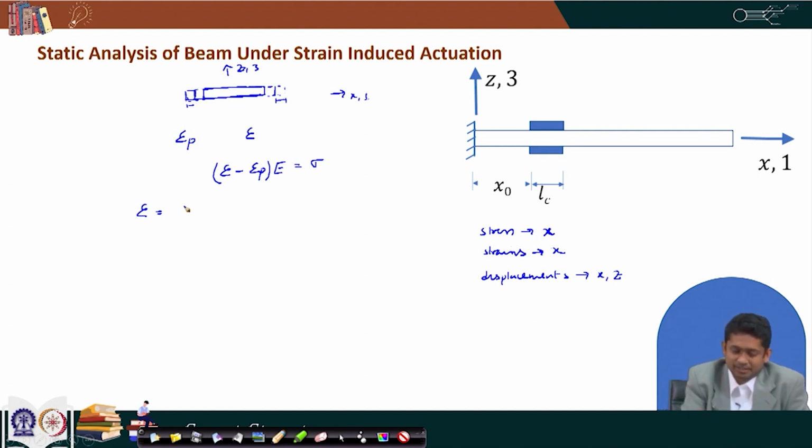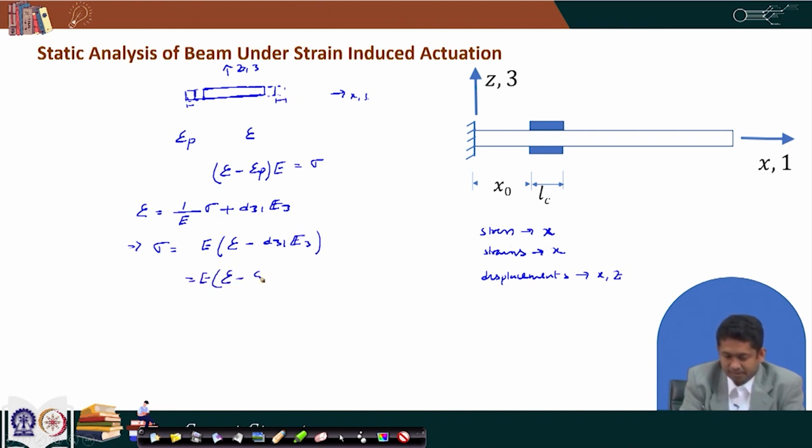So, if we write the constitutive relation in a simplified way, for one dimension it would look like this, which we have been doing, and on solving for sigma we get this, and this d31 multiplied by E3 is the amount of strain that would have been here if the actuator was free, and that is the free strain, minus epsilon.